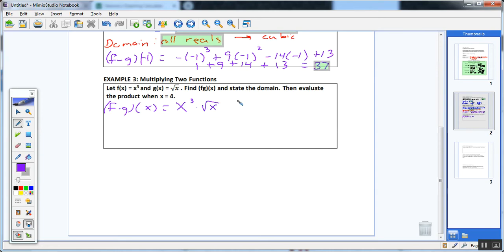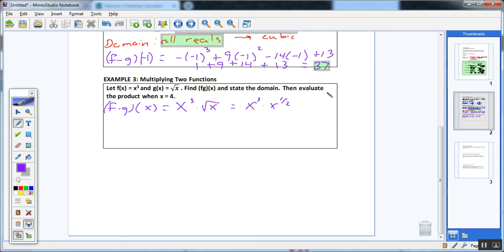I could leave that just like that if I want to. Or we know enough about an index here on roots. What index is really out here? Isn't this really x to the 1/2 power right here? We could say that this is really equal to x to the third times x to the 1/2, couldn't we?